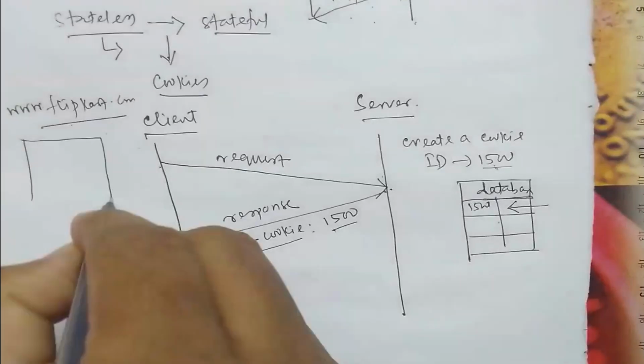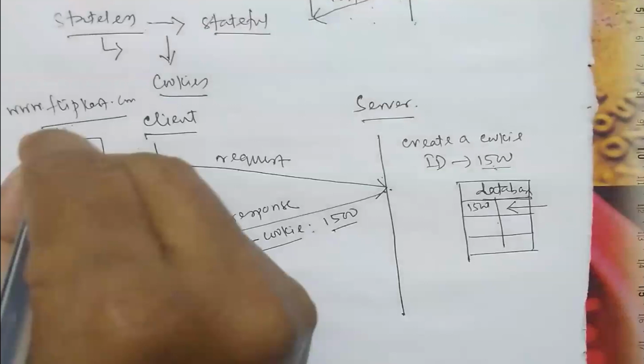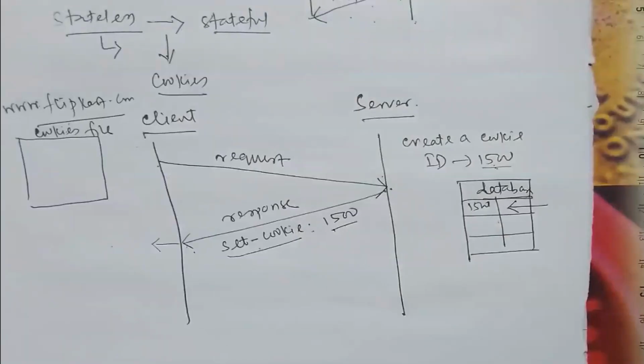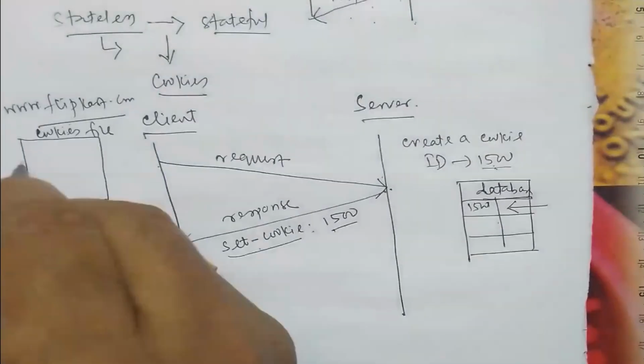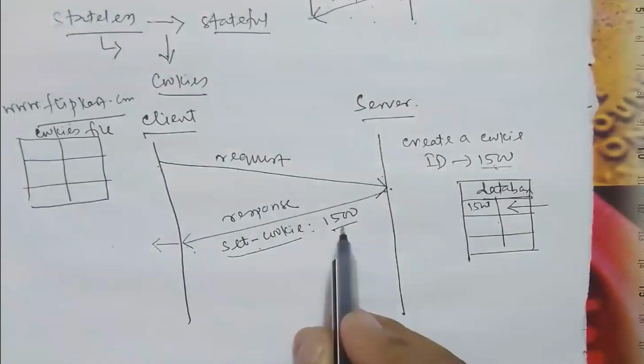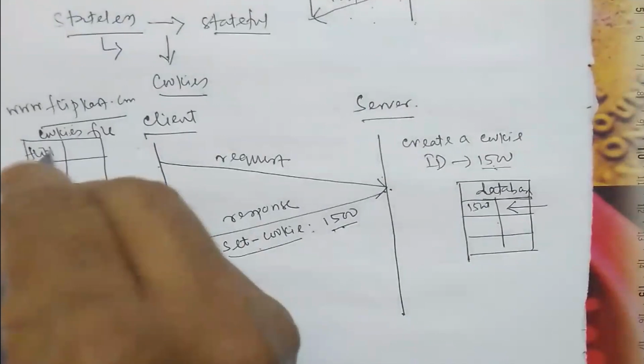Every client maintains a cookie file, which is a text file. Inside this text file, it maintains the information about the server and the cookie ID. Let's say the server is flipkart.com and the cookie ID is 1500.